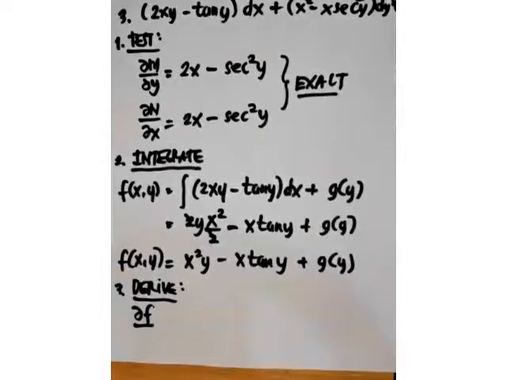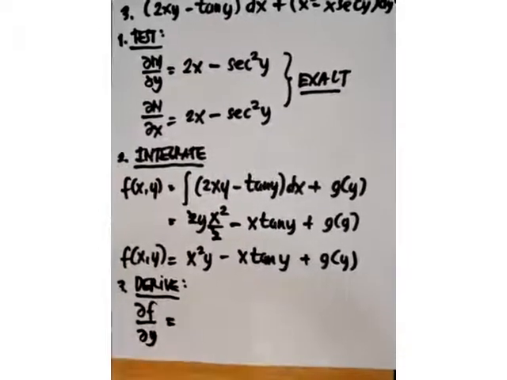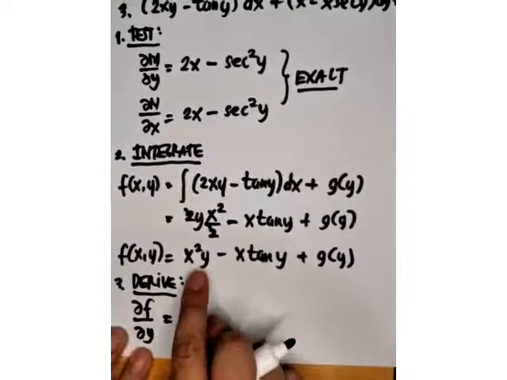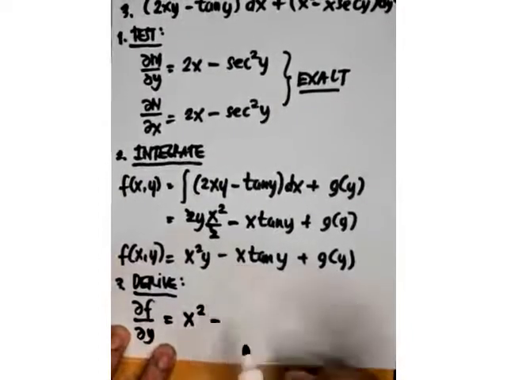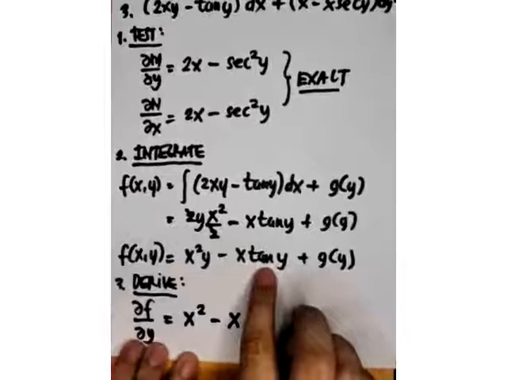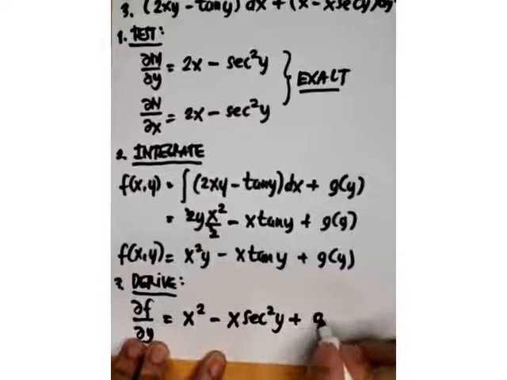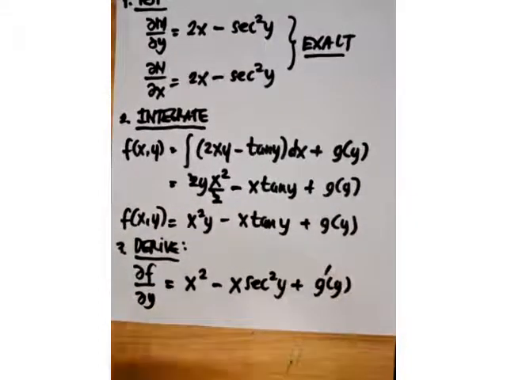Y. Tama kayo? Ayan. So that's equal to, lahat ng x ay constant, diderive lang natin in terms of y. So that means this is x squared minus, x is constant, we copy it. And then derivative ng tangent y, secant squared y, plus g of y prime. Okay. Na-derive na natin siya.